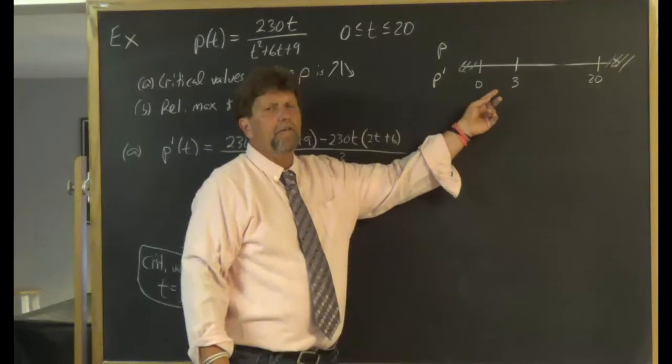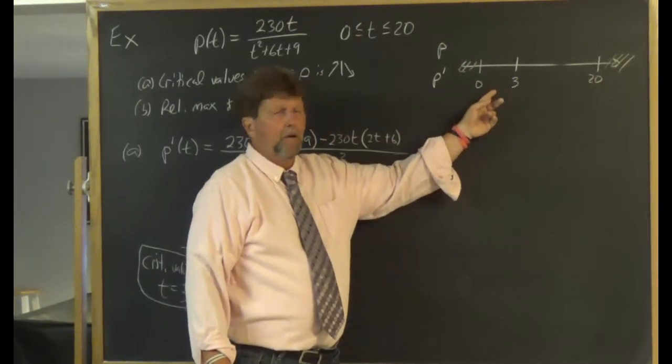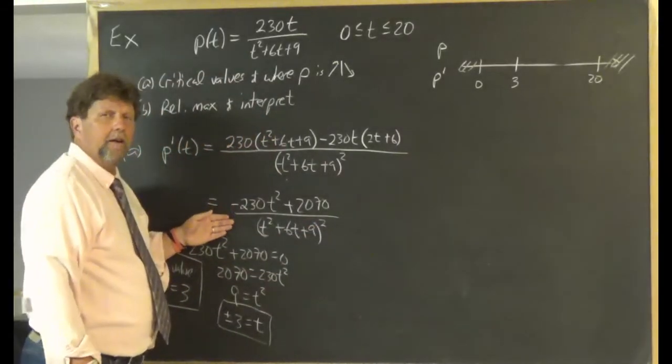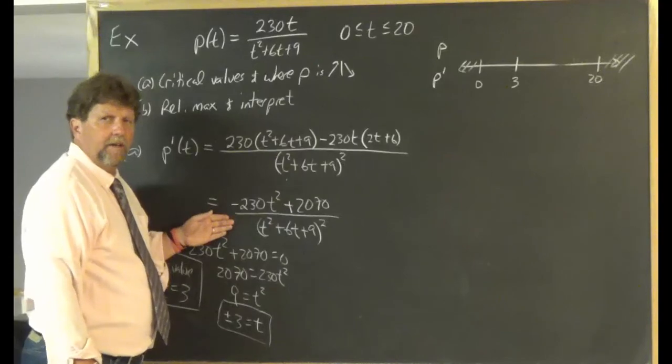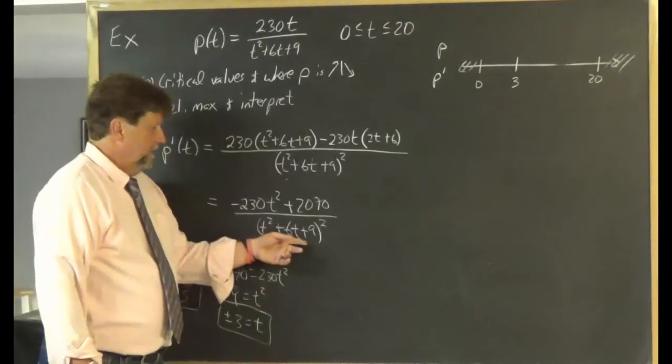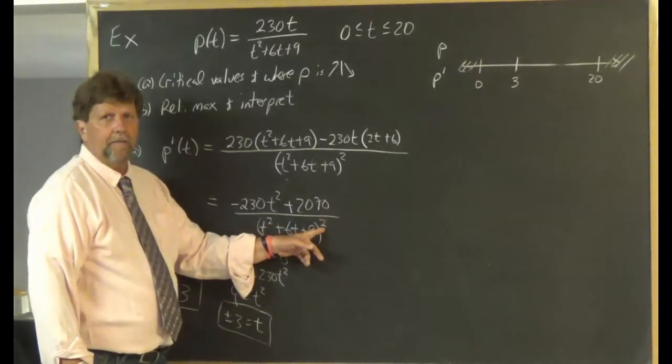So it's the same process, folks. Pick a number in the interval 0 to 3. Pick a friendly number, like 1. You're tossing that back into the derivative to see what comes out, positive or negative. Well, look at this. No matter what you put in for t, for t equals 1, the denominator's positive because it's squared.